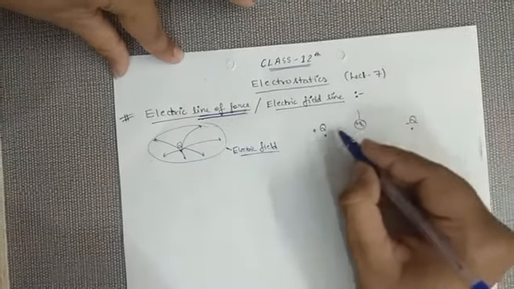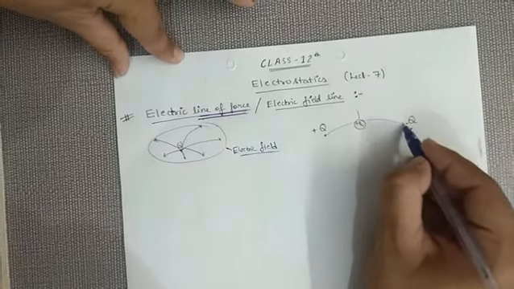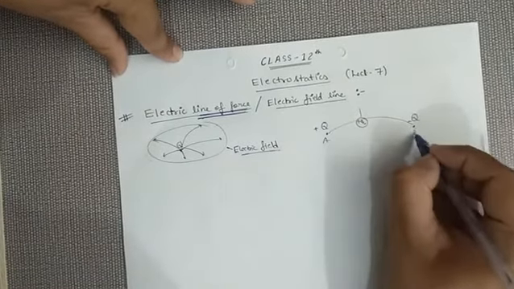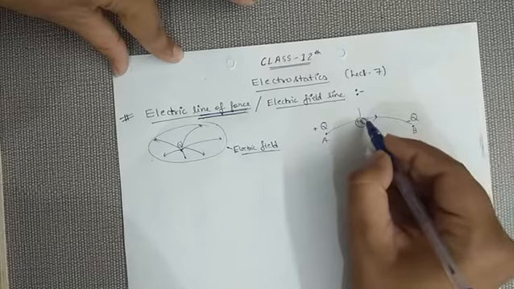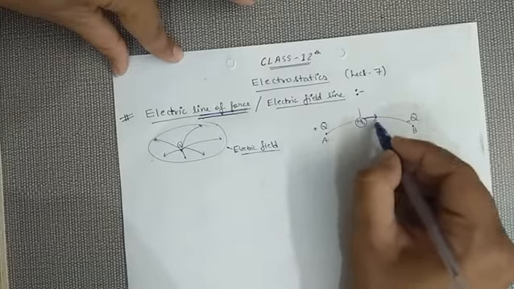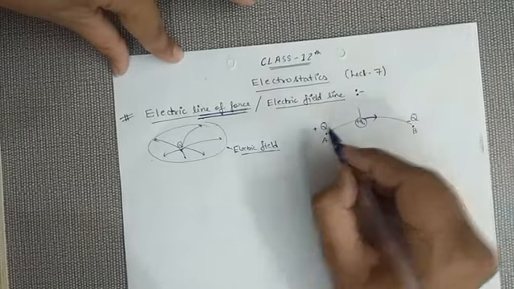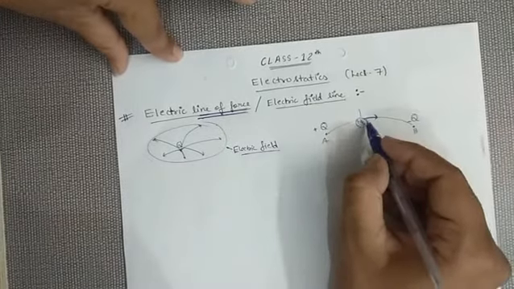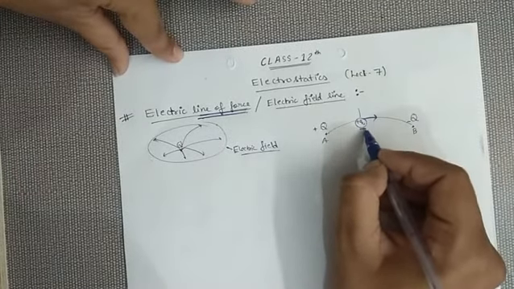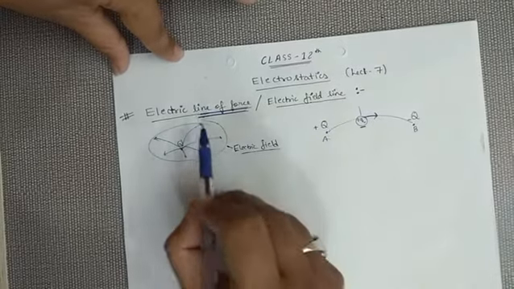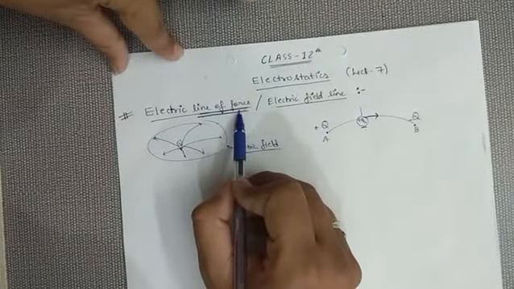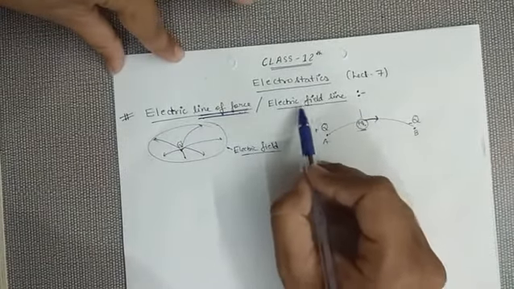This Q naught will move along a line from charge A to charge B. The direction along which this Q naught moves, this line will represent the electric field line. Because this line exerts force on this charge, Faraday named them lines of force, and we can also know them as electric field lines.